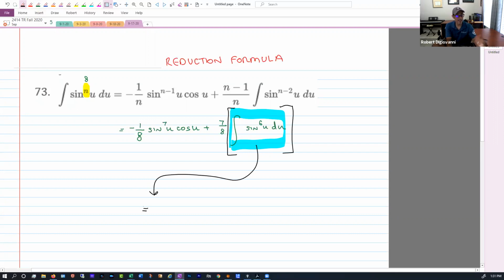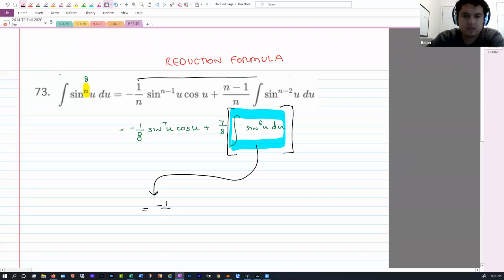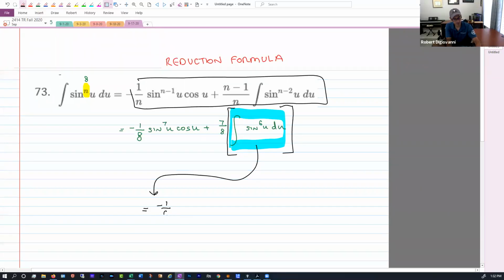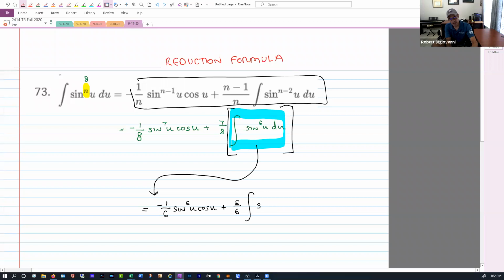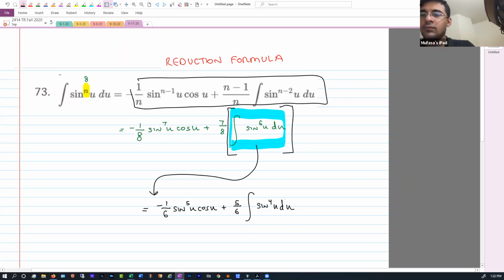According to the formula, again, it would be -1 over what? I'm just using this again with a different n, right? 6, sine to the 5th u cosine u plus 5/6 integral sine to the 4th u du.